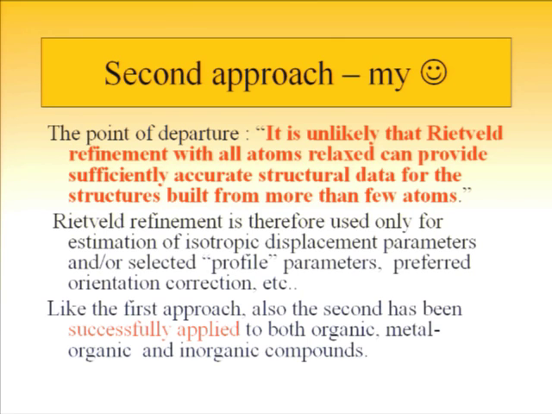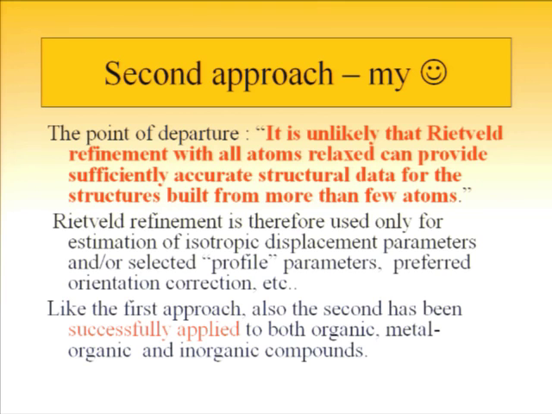And the second approach, which is mine, is that I start with the premise that it is unlikely that Rietveld refinement with all atoms relaxed can provide sufficiently accurate structure data for structures built from more than a few atoms. If you accept this, you have no problems with energy minimization. So in the second approach, the Rietveld refinement is used just for estimation of isotropic displacement parameters or selected profile parameters, preferred orientation, etc., all which is required by crystallographic journals asking for your CIF, where you should fill in this or that.